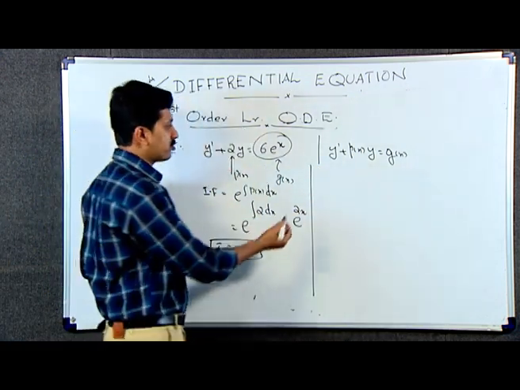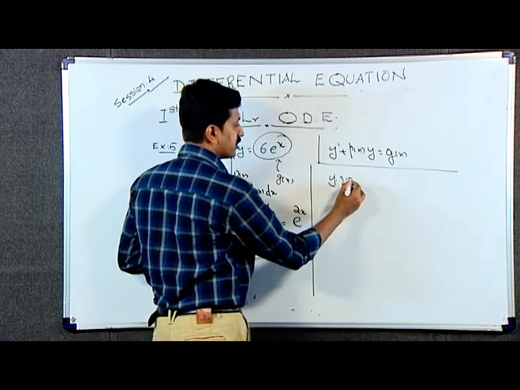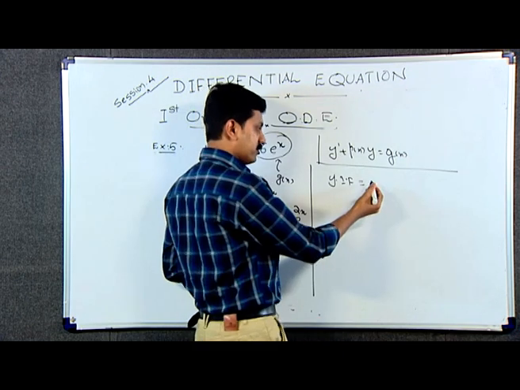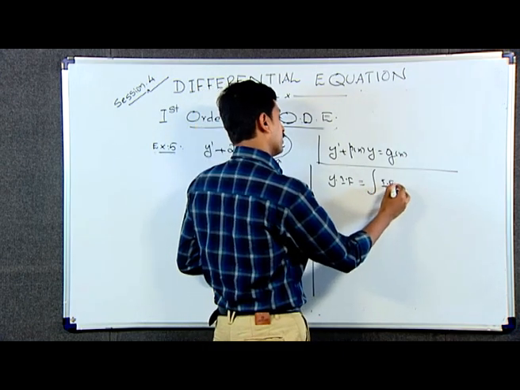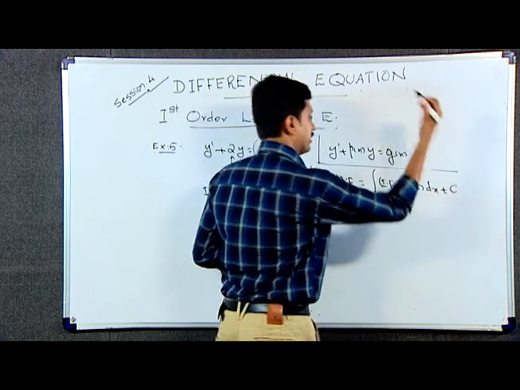What about the general solution? We have the formula for the general solution: y times the integrating factor is equal to the integral of the integrating factor times g of x dx plus c.